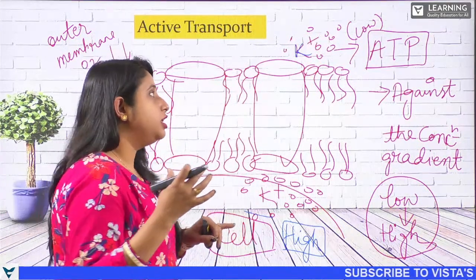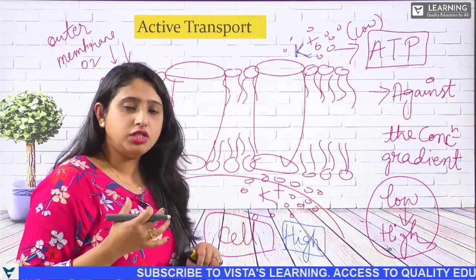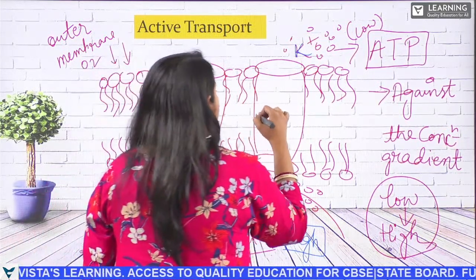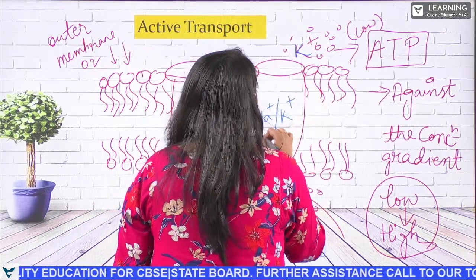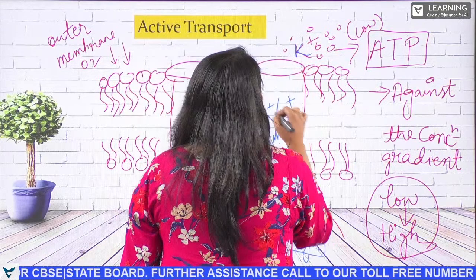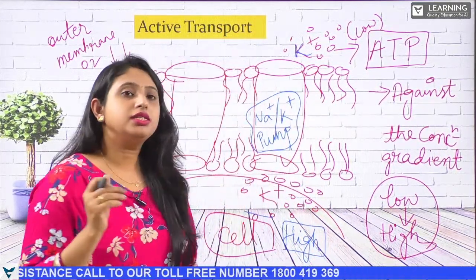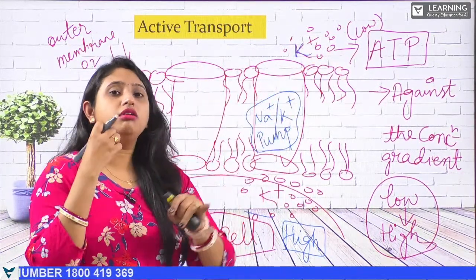There are some channel proteins known as the Na+ K+ pump. These are the pumps, the Na+ K+ pump. This can take the ions, that is the potassium ions, without its will.